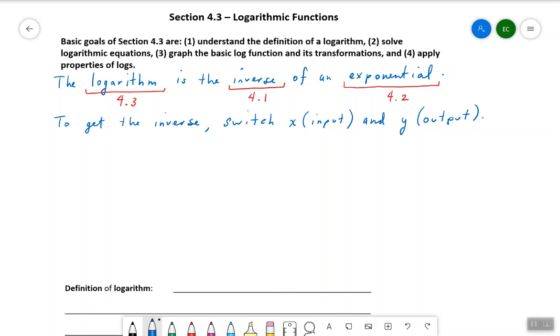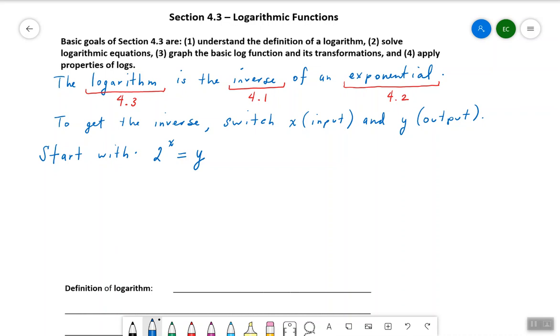So for example, if we start with the exponential function, 2 to the x is equal to y, then we can find its inverse function.